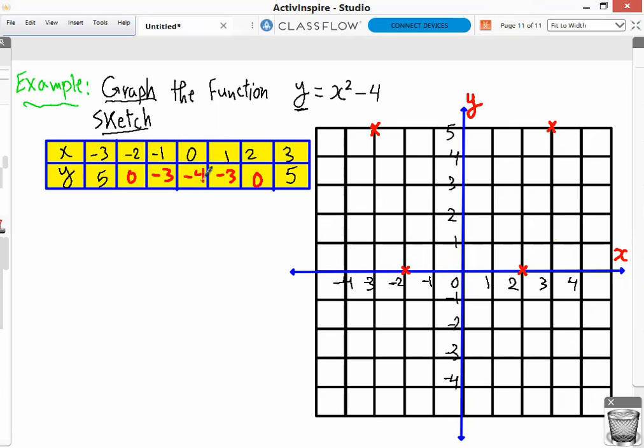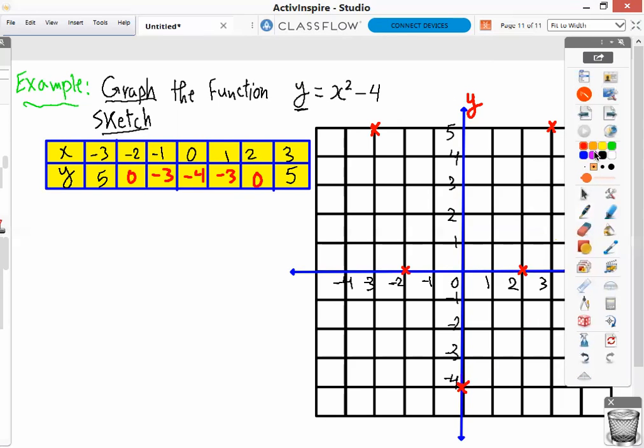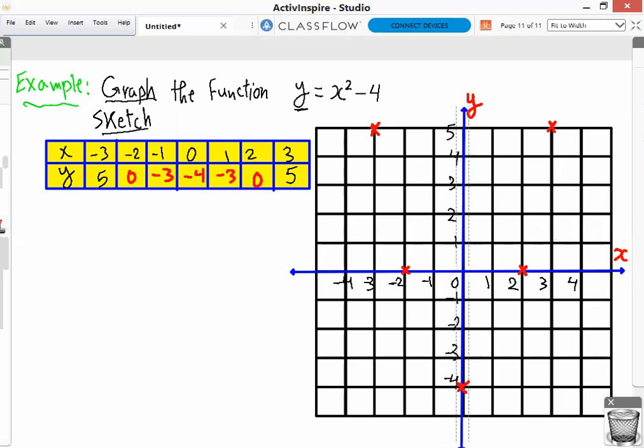Negative 4. Minus is operation, okay? Yes, very good. Then we have plus 1, 0, negative 4, down.